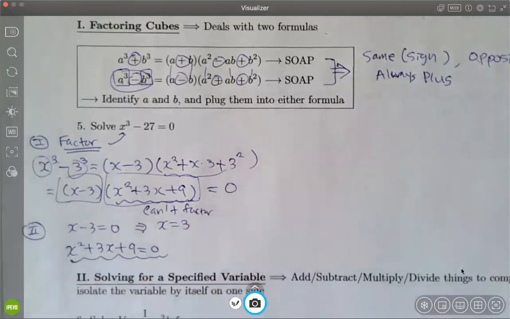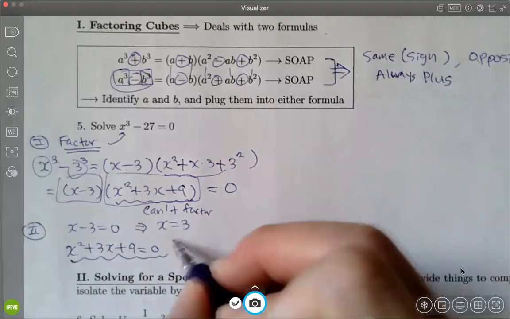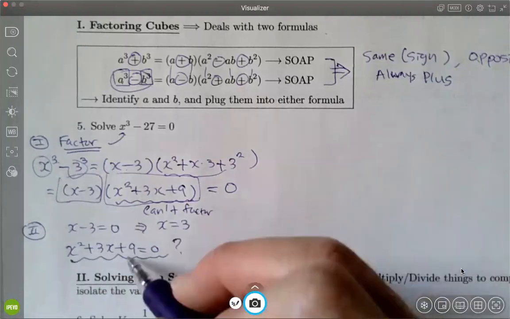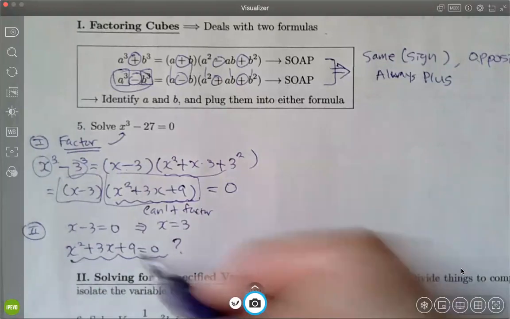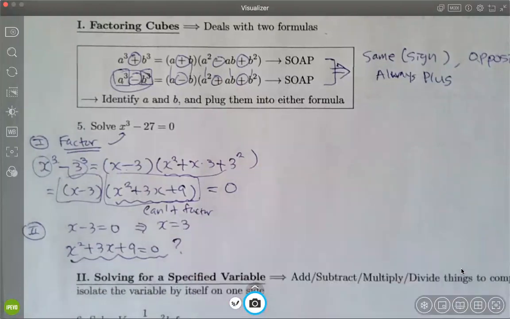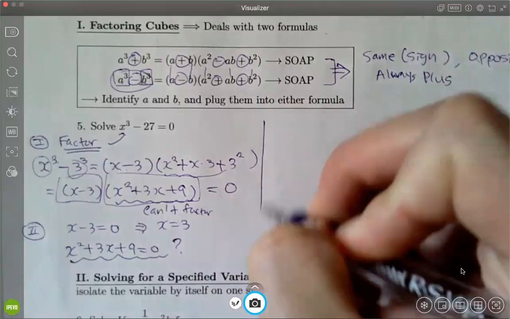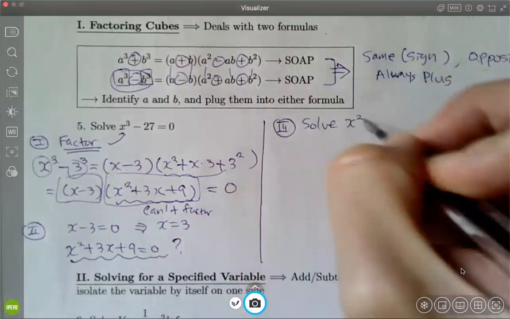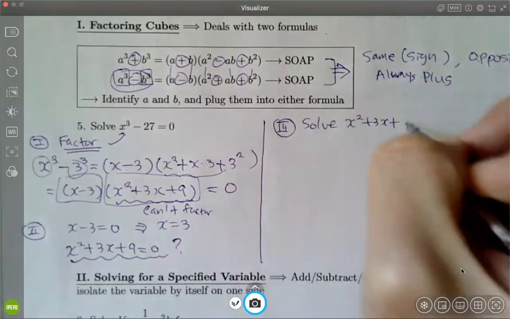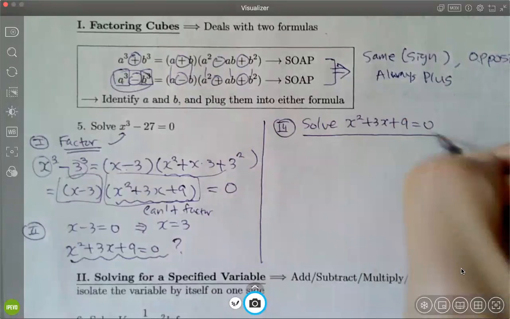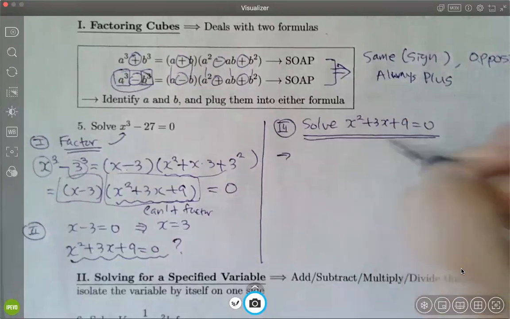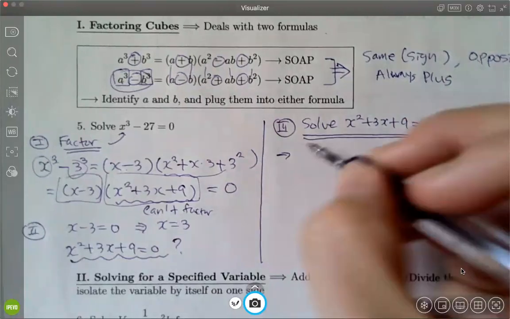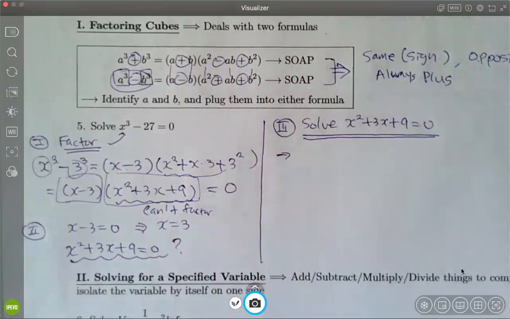Okay, so that's simple. And now what about this one? We saw that it cannot be factored, and this is a quadratic equation. So what's pretty much the only way to solve? The most convenient way is the quadratic formula, right?